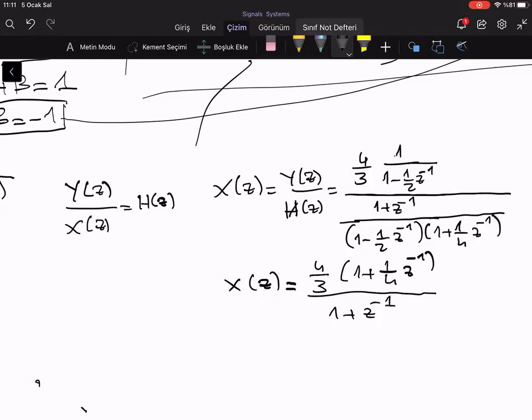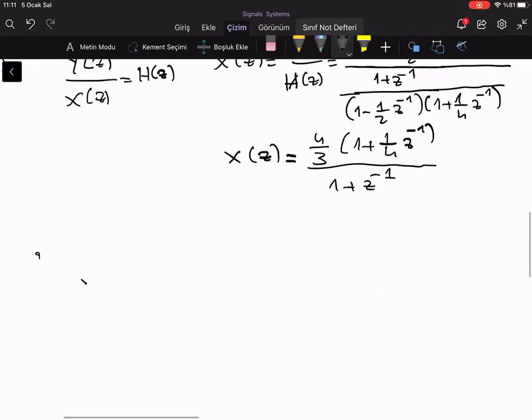Now, here I want you to stay with me. At this point, what should I do? If I have something to the power z minus 1 in the numerator and denominator, what should I do, arkadaşlar?